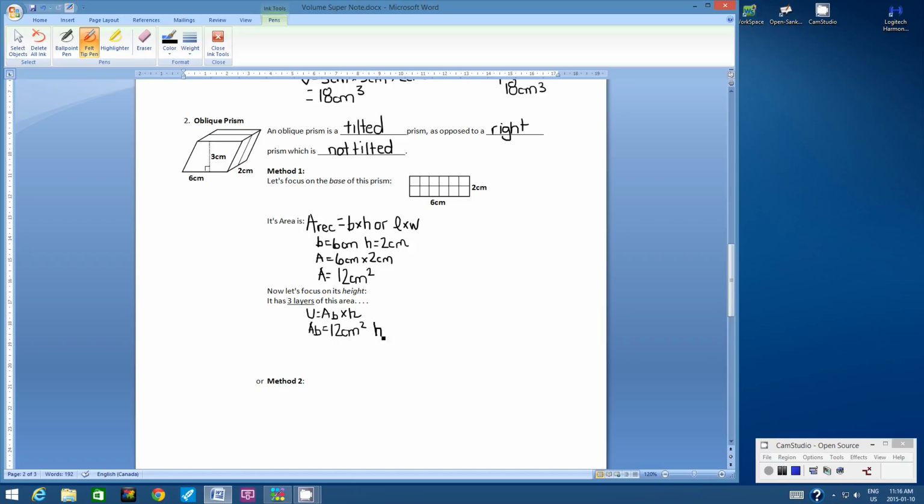And the height, we got a good clue here. There are 3 layers, so the height is going to be 3 centimeters. Let's go to our substitution line. Volume equals 12 centimeters squared times 3 centimeters.